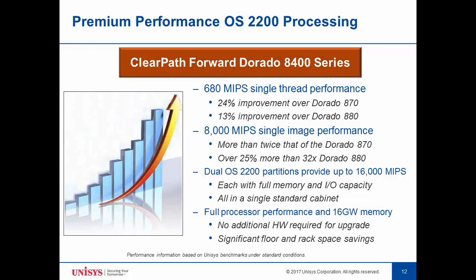If you need to add performance, not ready for 8,000 MIPS on day one, we can provide you with a lesser performance key, as we have in the past, and there's no additional hardware required to add performance or to add memory. So everything you need is there in the processor memory module for this high level of performance.